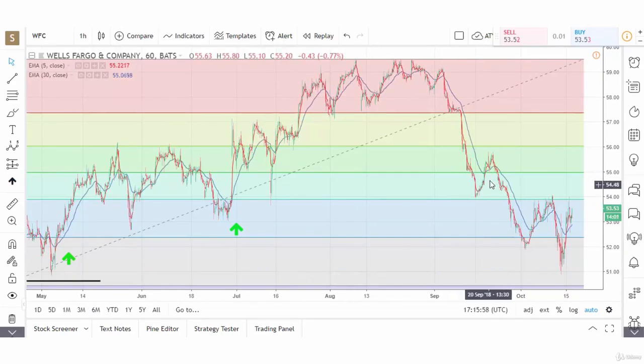We can then pay attention to the EMA as the stock bounces. Our 5-hour moves above the 20-hour, but then crosses back below the 20-hour. So we have another sell signal as our stock comes back down to that 61.8% level. We could have purchased the stock here, expecting another bounce, but then as the stock continued through, we had a really close stop because we know that's a Fibonacci level that if the stock penetrates through that level, we don't want to be long at that point.